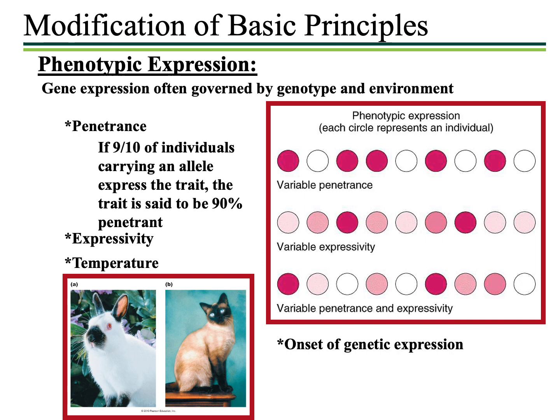The best example of that is to look at the figure on the right, where you have these dots. So in the very top example, first of all, we're looking at phenotypic expression with the dots and the colors associated with it, pink or white. Each circle is going to represent an individual.